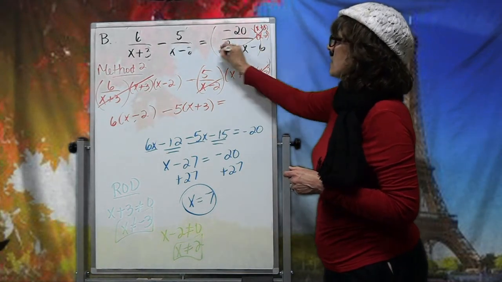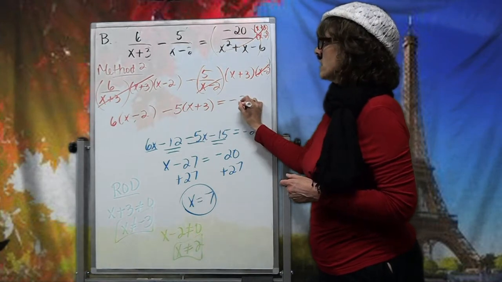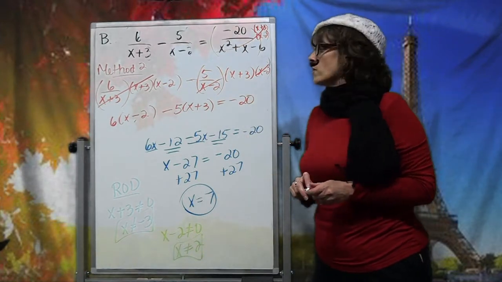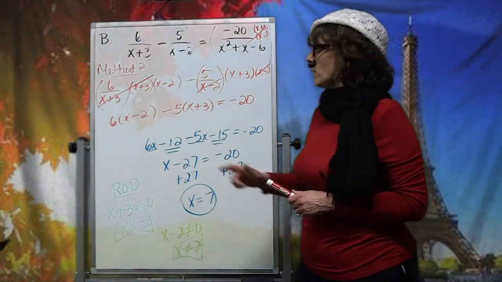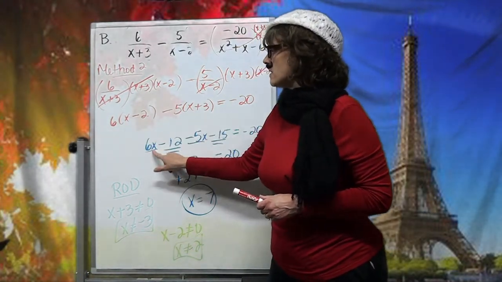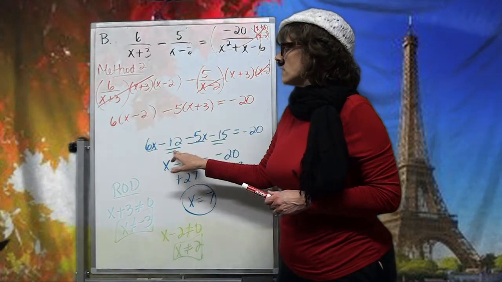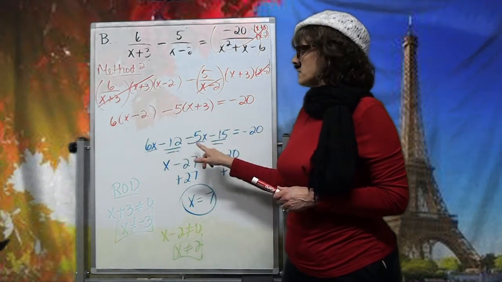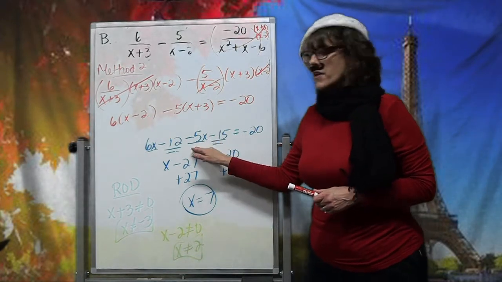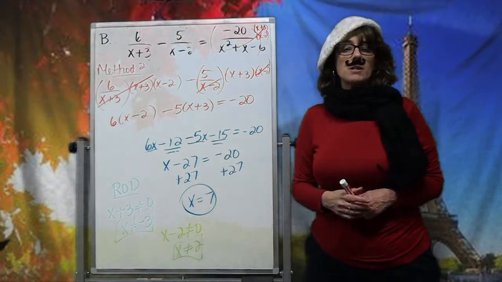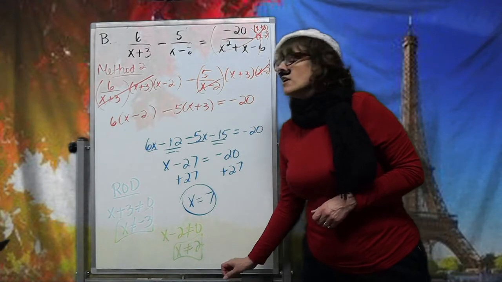But remember, it's going to cancel that whole denominator. I'm left with -20. So now I'm down to an equation that's pretty easy to solve. I need to distribute my 6 through, and when I do, 6 times x is 6x, 6 times -2 is -12, -5 times x is -5x, and -5 times 3 is -15. There it is, and I'm going to run with it and do the exact same thing.